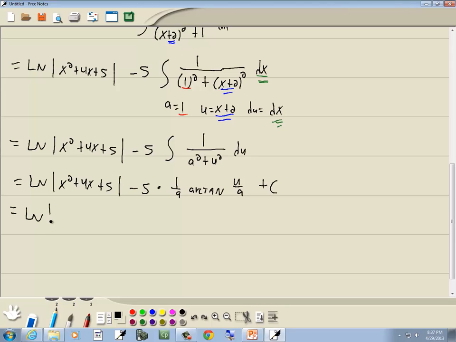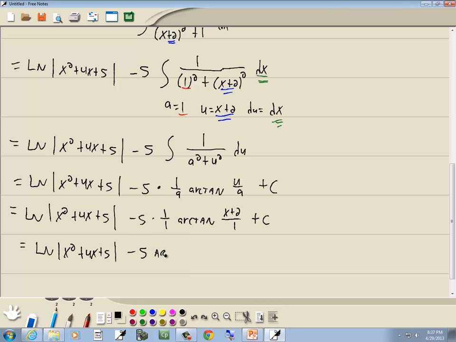So we got natural log of the absolute value of x squared plus 4x plus 5 minus 5 times 1 over a, so 1 over 1, arctangent u, which was x plus 2, over 1, plus c. Which, simplifying that, we got natural log of the absolute value of x squared plus 4x plus 5. 1 over 1 dropped away, so we got minus 5 arctangent of x plus 2 plus c. And that's our answer.